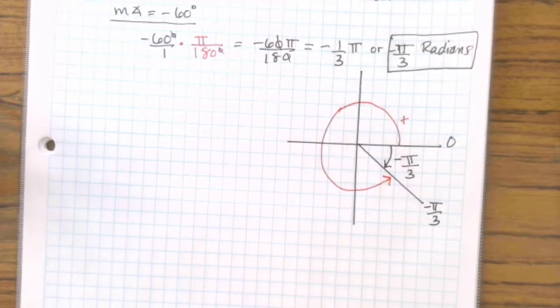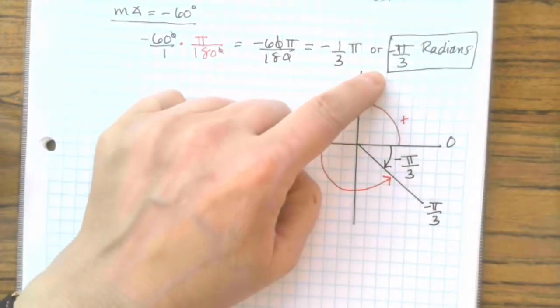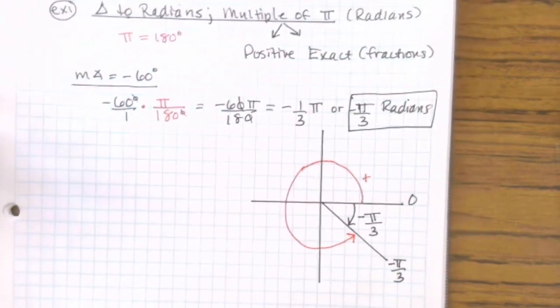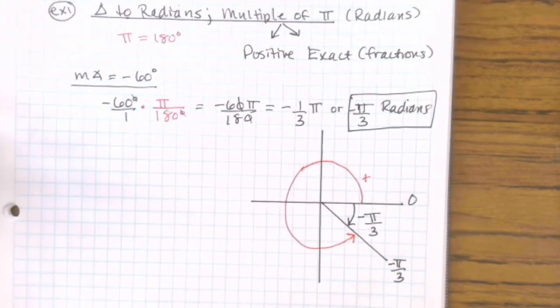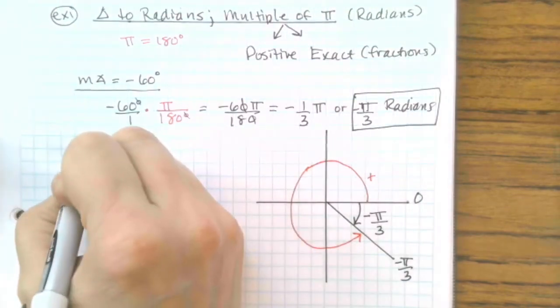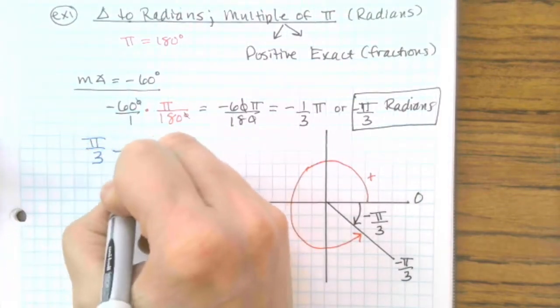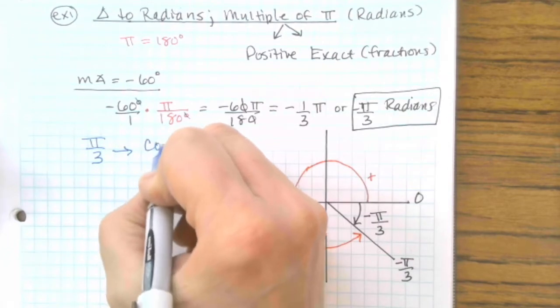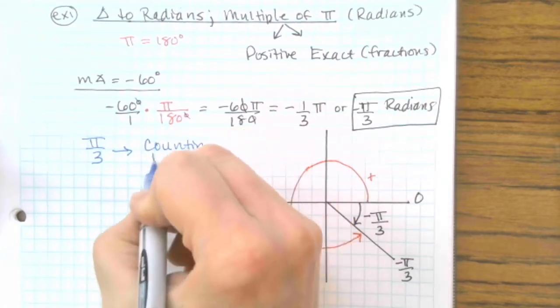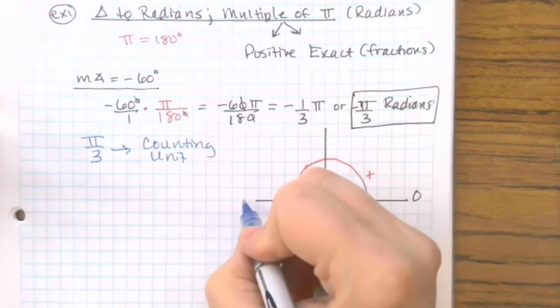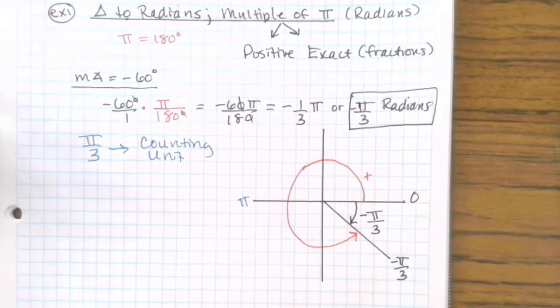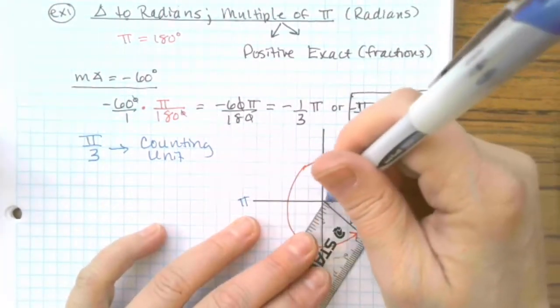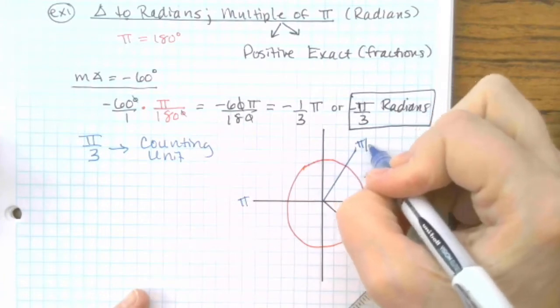here. Now, when you're doing any kind of fraction of pi, it's helpful if you think in terms of that fraction, in this case, thirds. So I'm going to use a different color here. So pi over 3 is going to be our counting unit. So pi is over here. So 1/3 of pi would be here. That would be pi over 3.